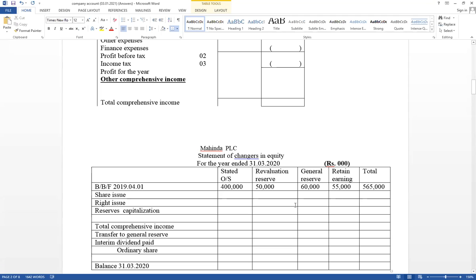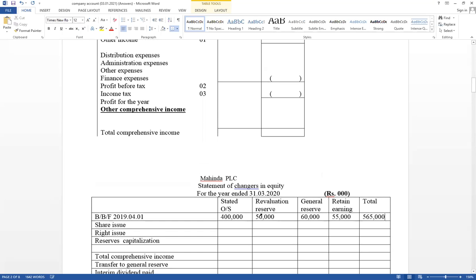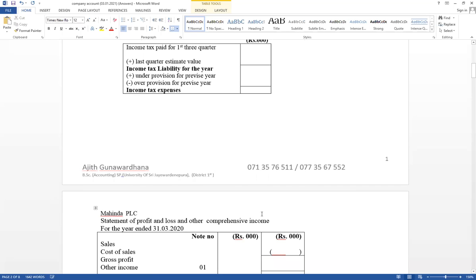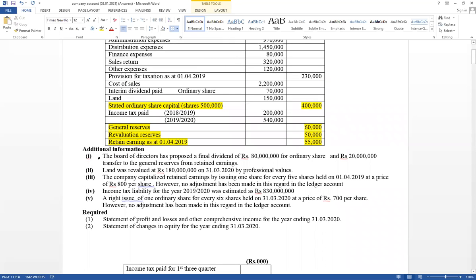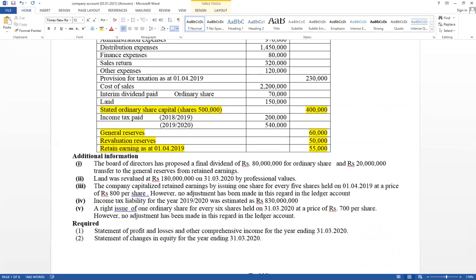Right, now additional information should be done. See the additional information, first one. Read carefully. There are two parts available here.